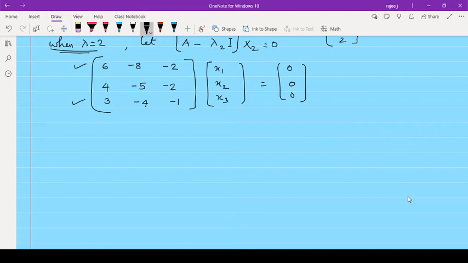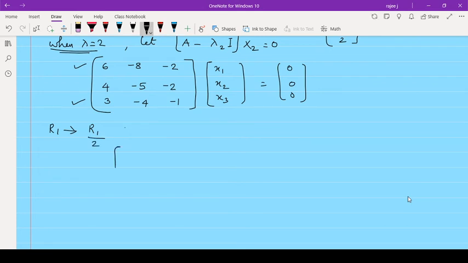Now suppose I am doing R1 changes to R1 minus 3R3. Or firstly you can do R1 changes to R1 divided by 2, that also can be done. So let's do that. R1 changes to R1 by 2.